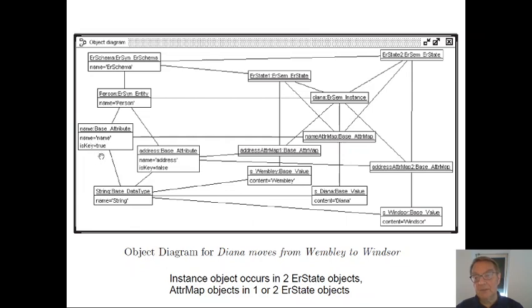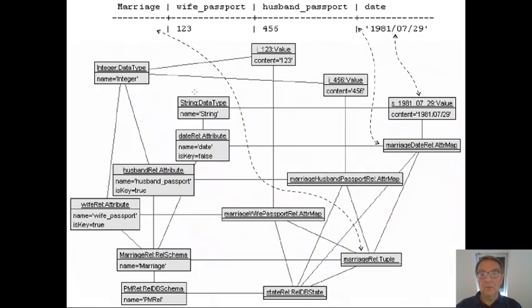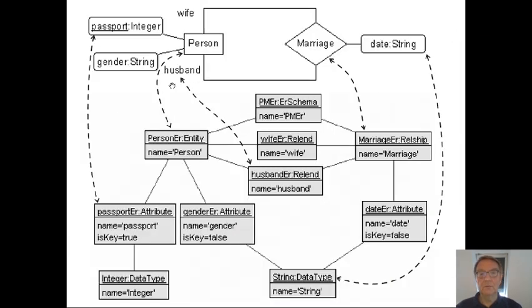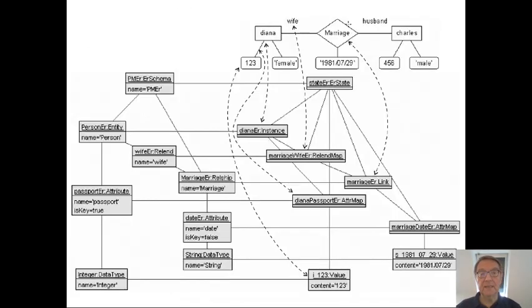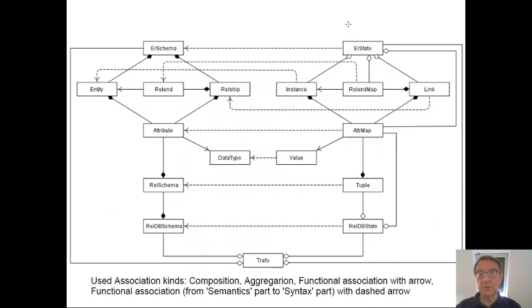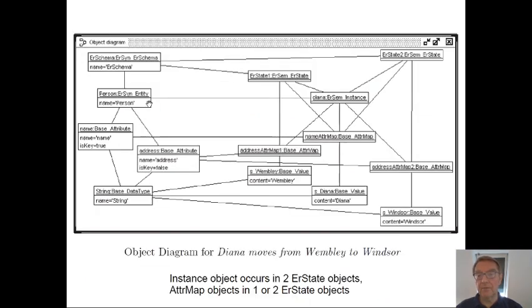The name is a key attribute and the address is a non-key attribute, and both are strings. So you could take these objects here and represent them in the form of an ER diagram. You will not have any relationships. You will only have one entity over here.